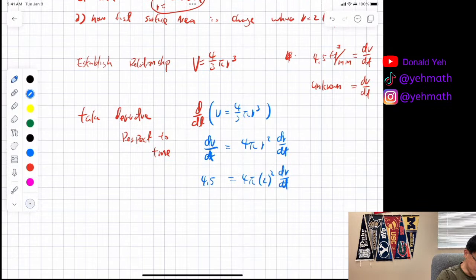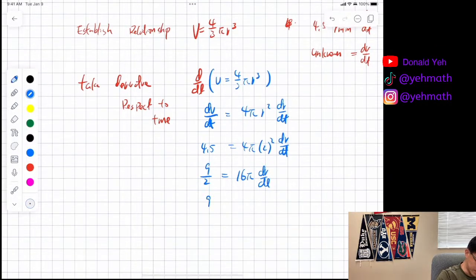Well, this one is 9/2, and that's equal to 16 pi dr/dt. And then you can get dr/dt equals 9/32 pi.